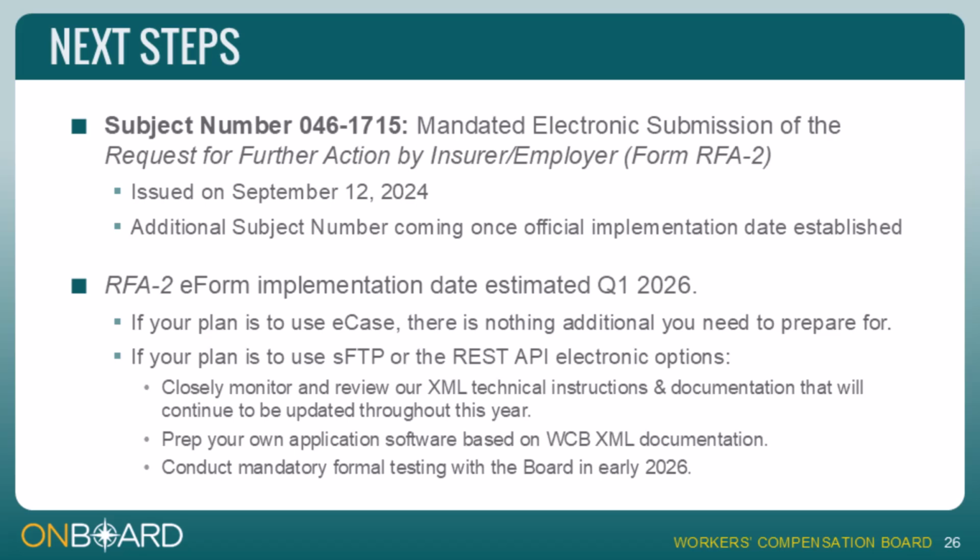If you're opting to file RFA-2 eForms via eCase, the process is very simple and will not require any testing or additional registration steps. And if you're planning to use sFTP or the REST API electronic submission options, closely monitor and review our XML technical instructions and documentation that will continue to be updated throughout this year. Prep your own application software based on board XML documentation and conduct mandatory formal testing with the board in early 2026.